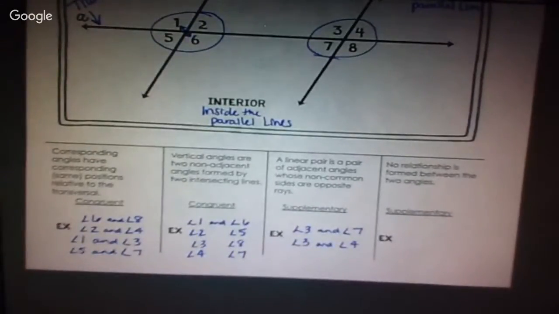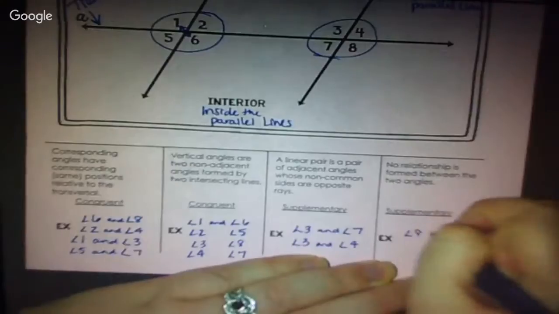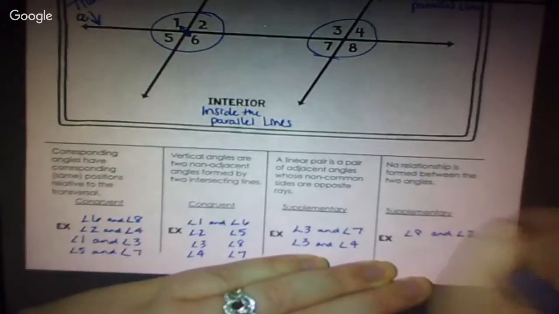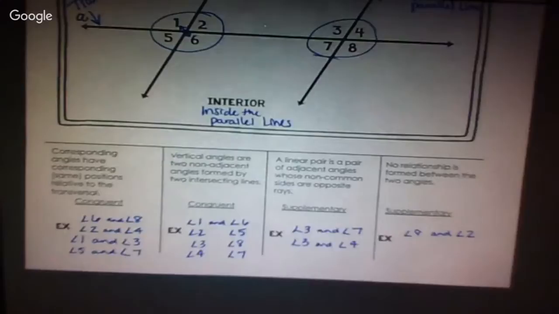This last one, we really don't care about. Non-relationship. Which two angles have no relationship? Like 8 and what? 8 and 1. 8 and 1 are alternate exterior angles. What about like 8 and 2? 8 and 2 have no relationship. 5 and 4 are alternate exterior. 5 and 3 would not have one.